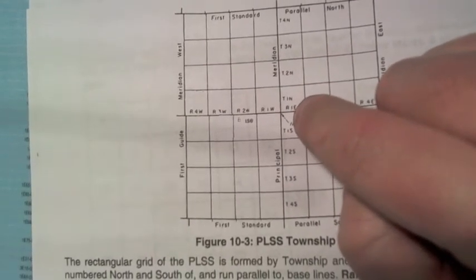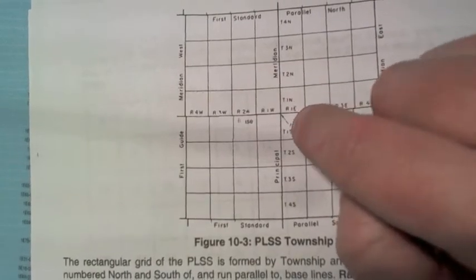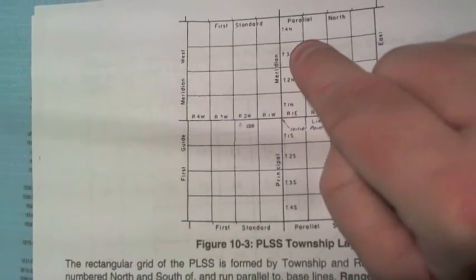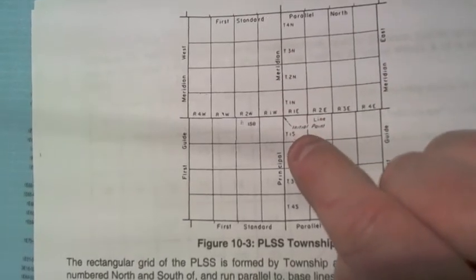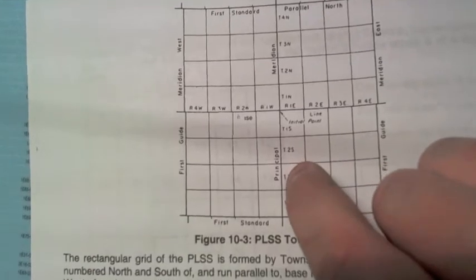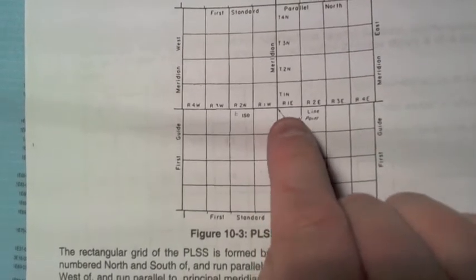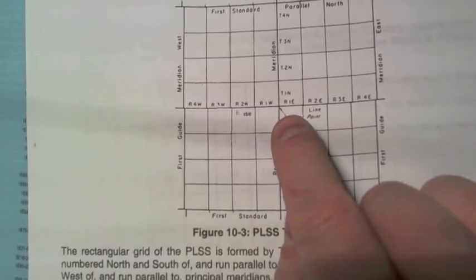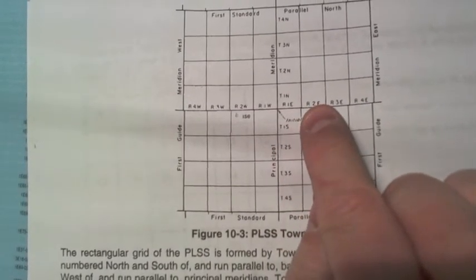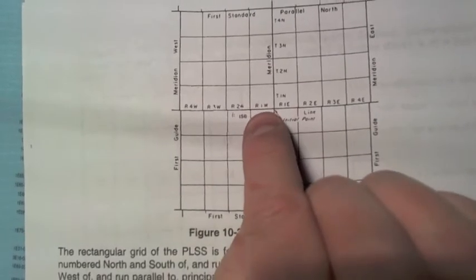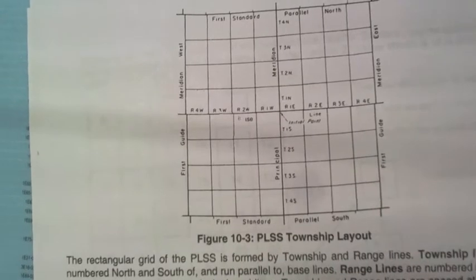And as you go north, the township lines are Township 1 north, Township 2 north, Township 3 north, and going south, Township 1 south, 2 south, etc. And then for the east and west, they called these ranges. So it was Range 1 east, Range 2 east, Range 3 east, Range 4 east, 1 west, 2 west, and so on.